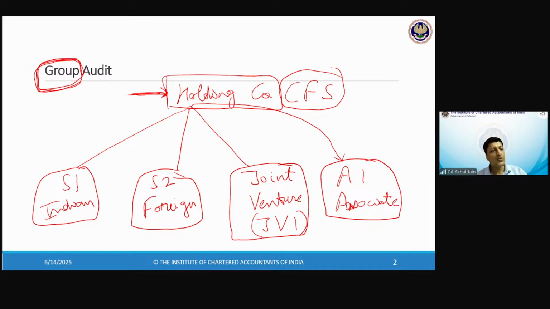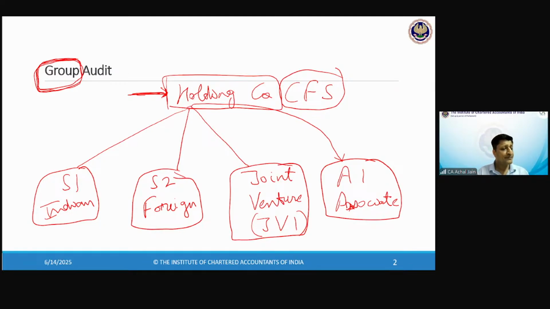Now, in case of these consolidated financial statements, the question arises as to what could be the components. The components as far as the consolidated financial statements are concerned are going to be the same. Can anybody explain what could be the components in financial statements?